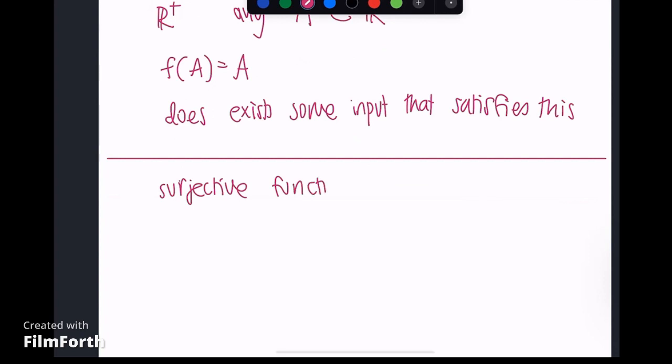Any ideas? Well, a very classic one would just be this. What other ones can you think of? Let's say we're in something like this, so real numbers to real numbers, right?